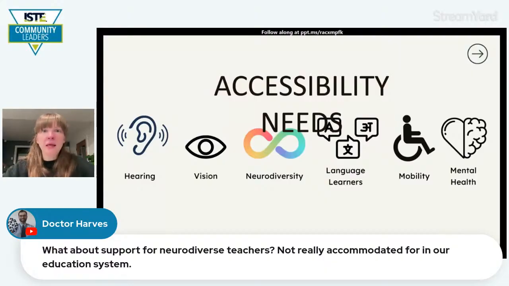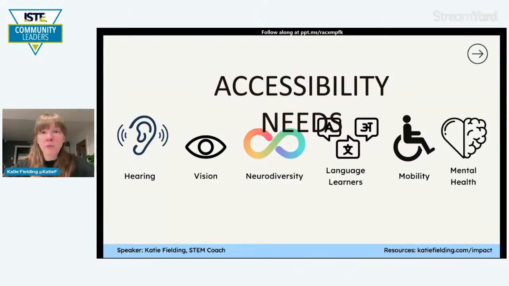And then finally, the accessibility aspects of mental health. And that can really, we know, be variable day to day for people that experience mental health. And so keeping those things in mind that we can do for those people is going to be important too.